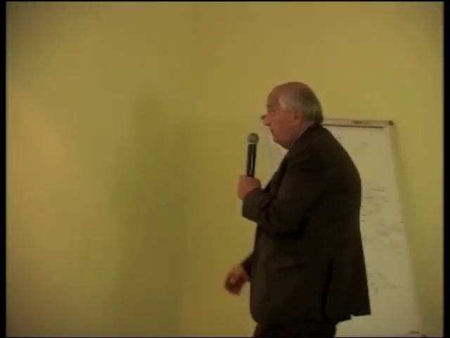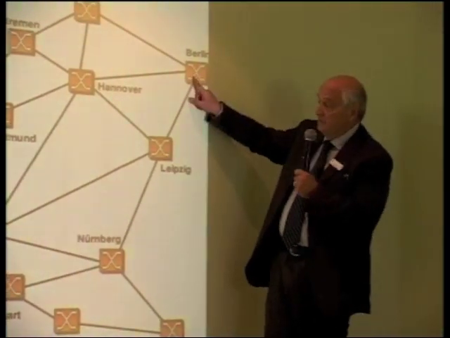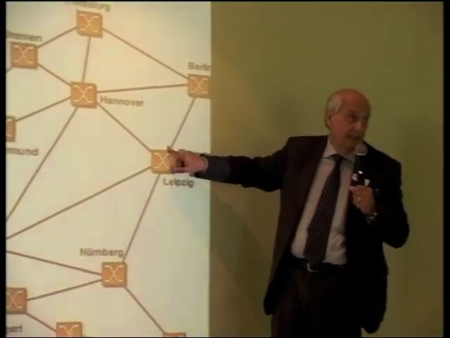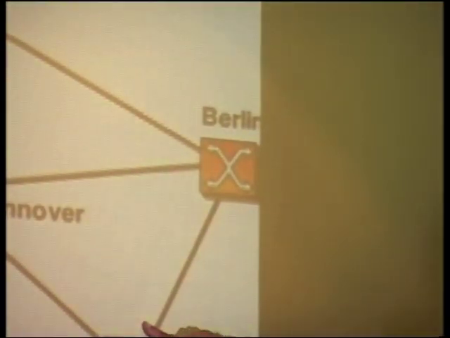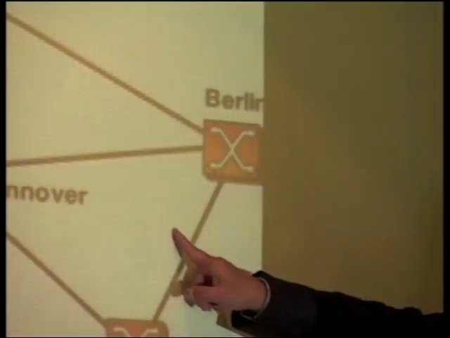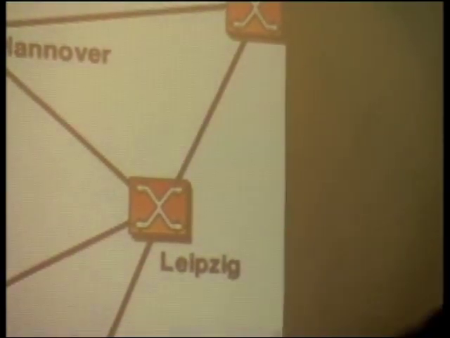What's the meaning of this network? I have to go from Berlin to Leipzig. This is the shortest link, and at the beginning I will choose this link. But the fiber, the cable breaks.